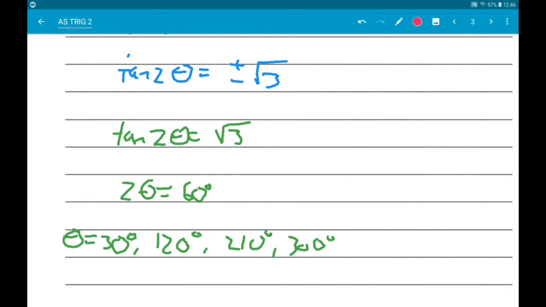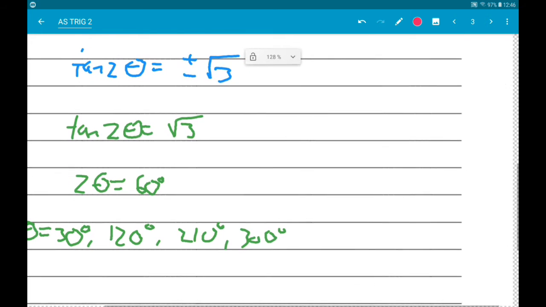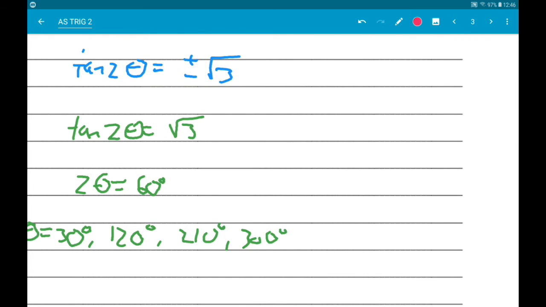Okay, and then we need to do tan 2 theta is minus root 3. Okay, now if we inverse tan, we get 2 theta is equal to minus 60.